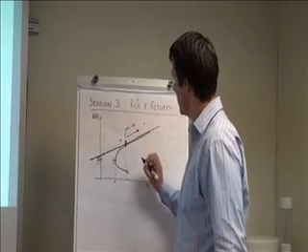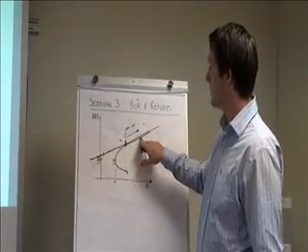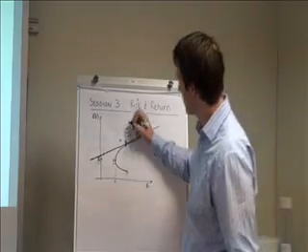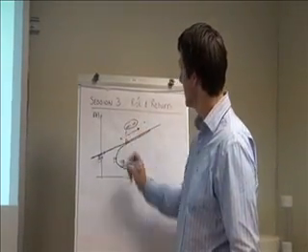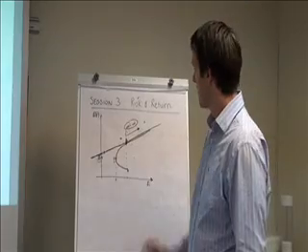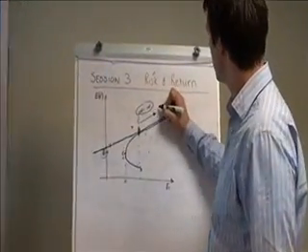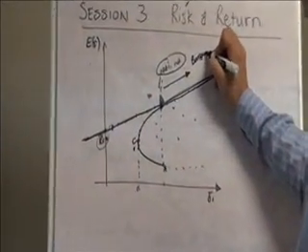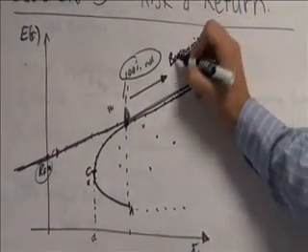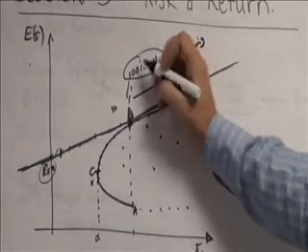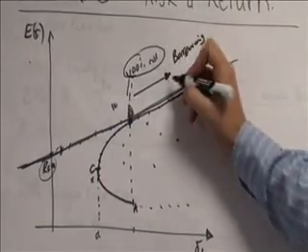One thing to note is what happens in the line when you go past point D. We've said that this is 100% in the risky asset. This is actually a point where you start borrowing money. So you start borrowing at the risk-free rate and investing. So you actually start investing more than 100% in the risky asset.